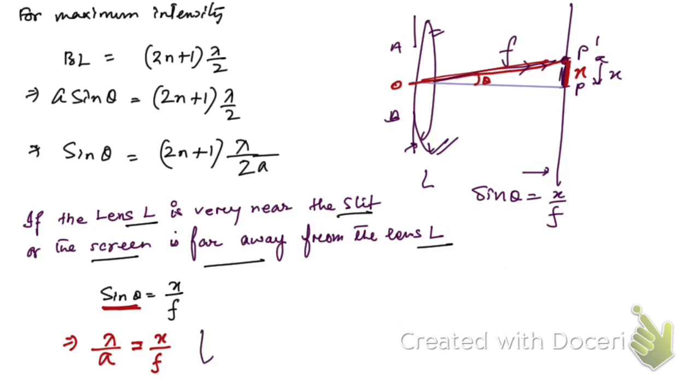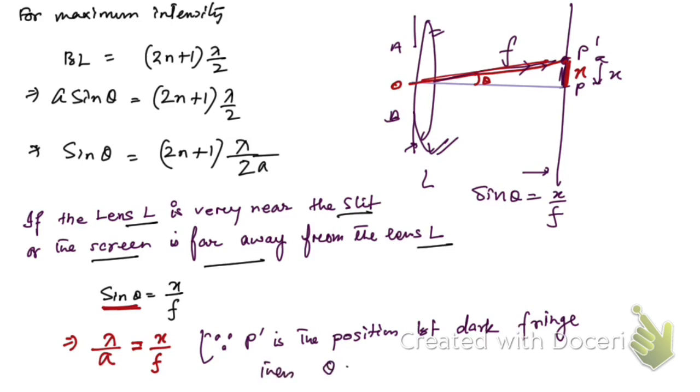Here we're going to write, since P dash is the position of the first dark fringe, sine theta must be equal to lambda by a. So hope you have understood this.